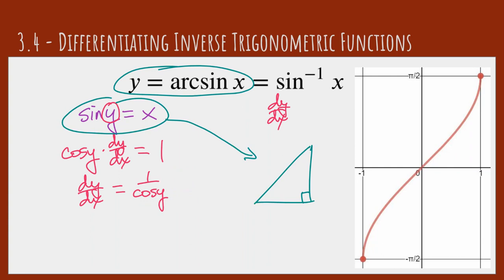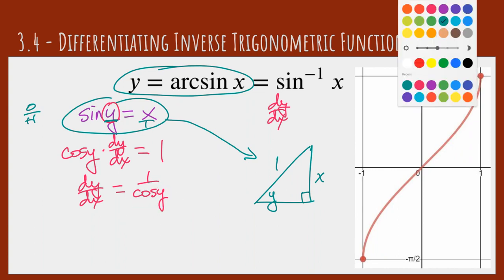So the equation sine of y equals x is telling us the sine of some angle y, which I'm going to label in here, is equal to x. Remember, sine is opposite over hypotenuse. So if we think of this as x over 1, then we can say this is opposite as x and the hypotenuse is 1. Using this triangle, we can also then figure out what the cosine of y is.